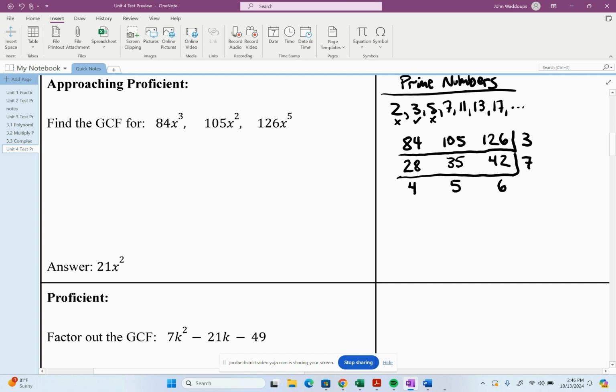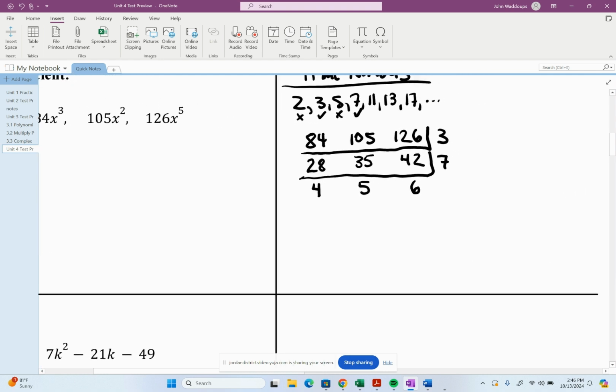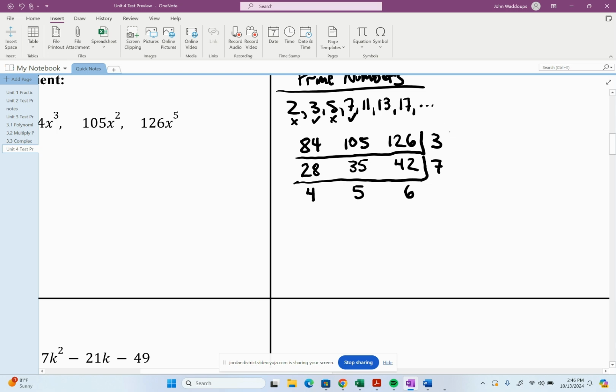At this point, I can ask myself, with 4, 5, and 6, are there any prime numbers that will go into any of those? And the answer would be no. And so we're done, and we don't need to keep going. So the greatest common factor is 3 times 7, which is 21.